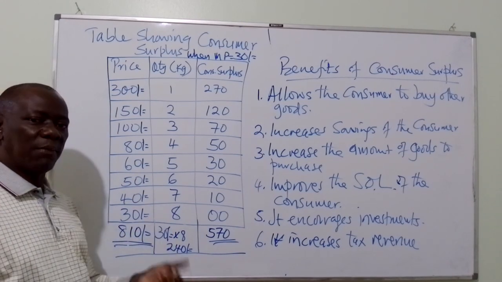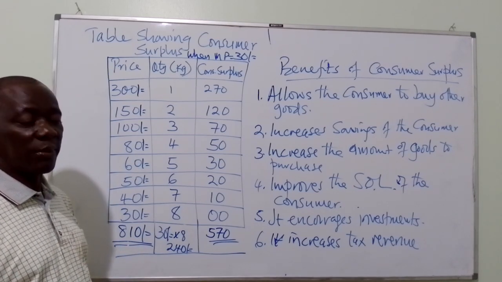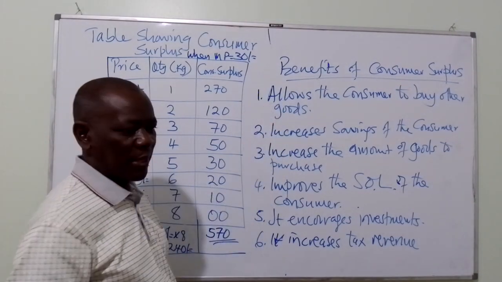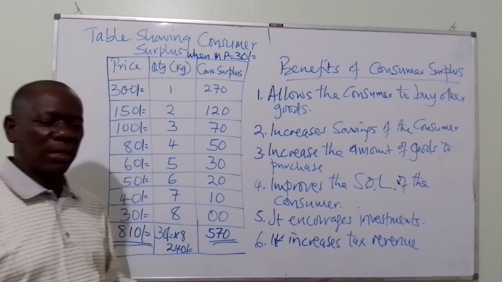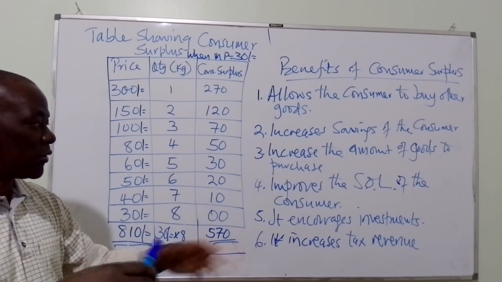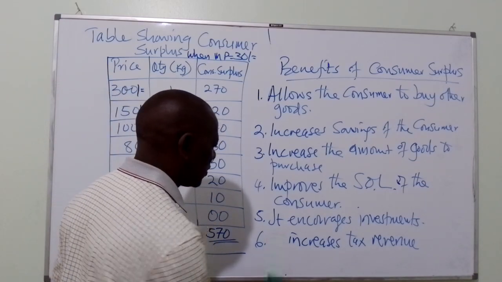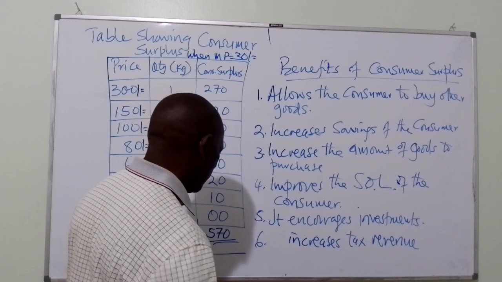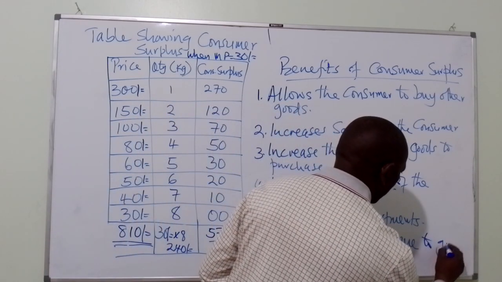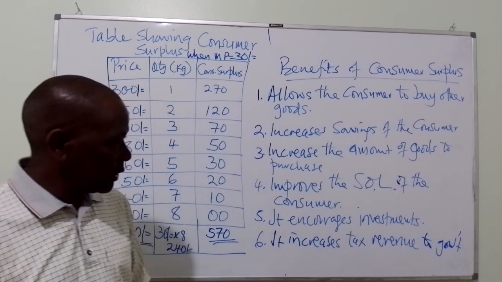Now, if he doubles and makes 16 kilograms, he's going to give government 80 shillings as tax. If he goes to variety, each commodity which he's buying has a tax. That means the government is going to collect more tax on the various commodities he is going to buy. So it increases the tax revenue to government. How does it do this?